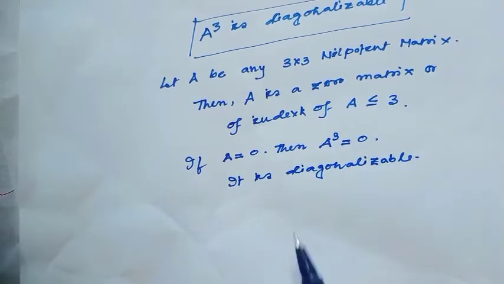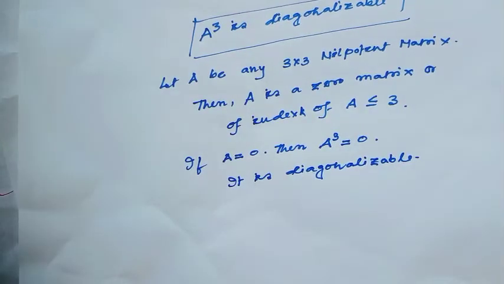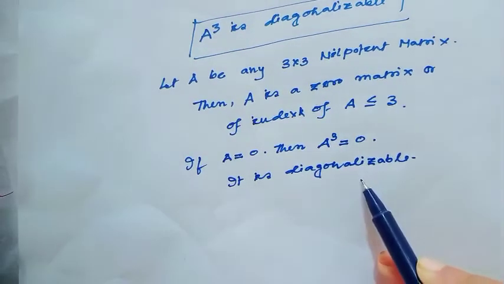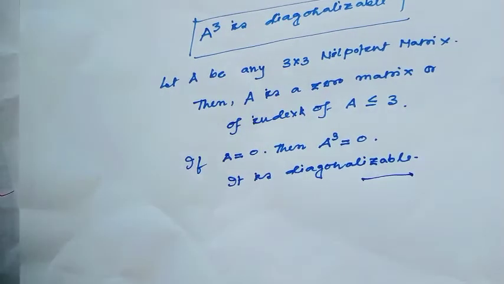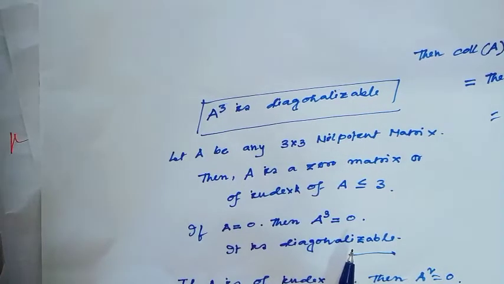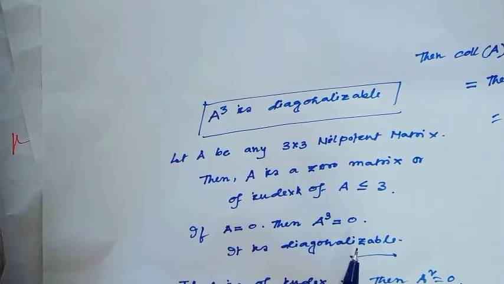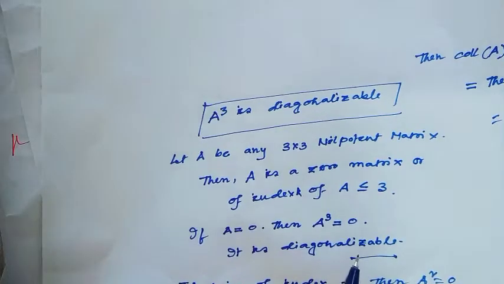At first, if we consider A equal to 0, then obviously A cube equal to 0 and obviously this matrix is diagonalizable. Otherwise, all of us know a nilpotent matrix is diagonalizable when it contains only the 0 matrix.